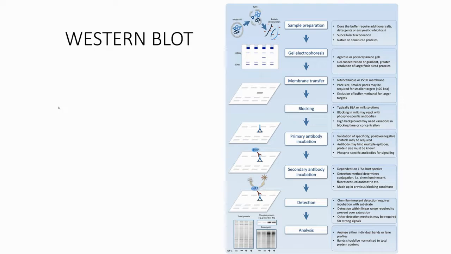If you run the two-dimensional protein gel, it will be based on isoelectric point and the size. And then for the Western blot, basically you run the protein on this one-dimensional SDS-PAGE gel. To run the protein on the gel, as you remember previously, the protein needs to be processed. So to process the protein, you want to make sure the protein will be evenly coated by the SDS, so that it will carry the negative charge.